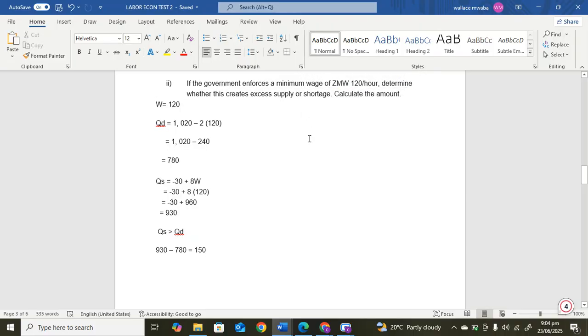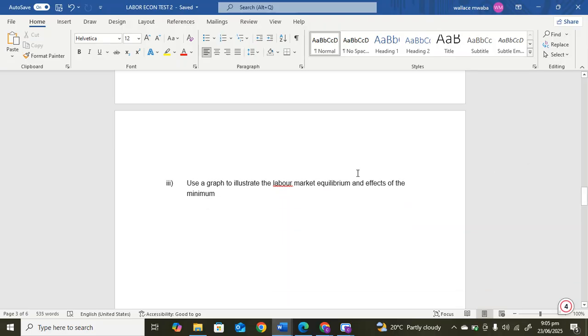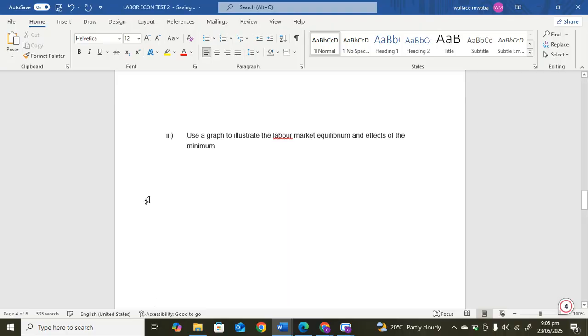So please do not multiply by 120, because these 150 workers are the excess workers. None of them will be getting paid 120 per hour. Think of those as excess workers. They want to work, but they're not employed yet. They're offering themselves for work, but they haven't yet got employed.